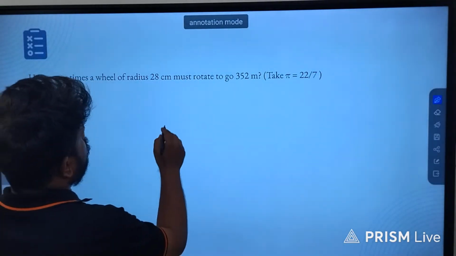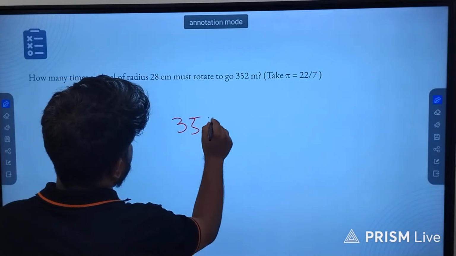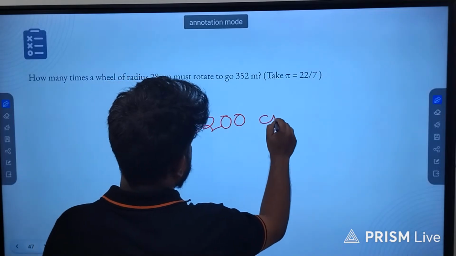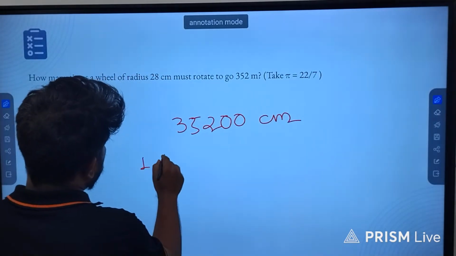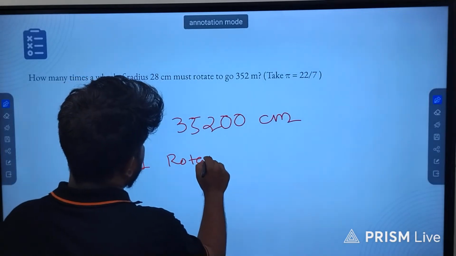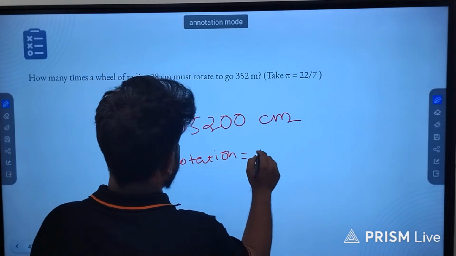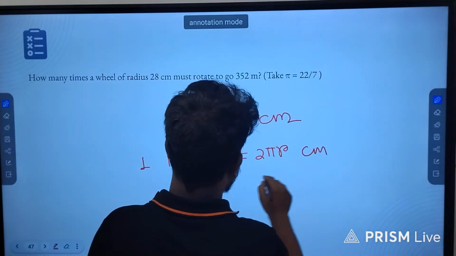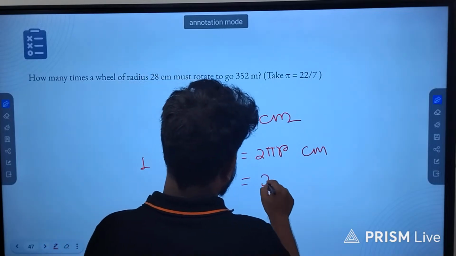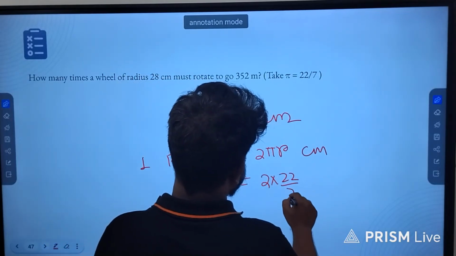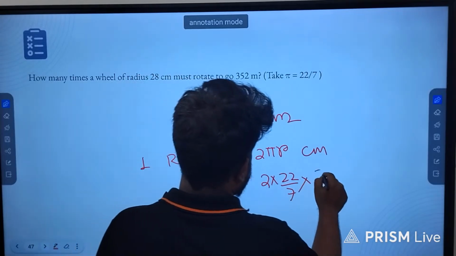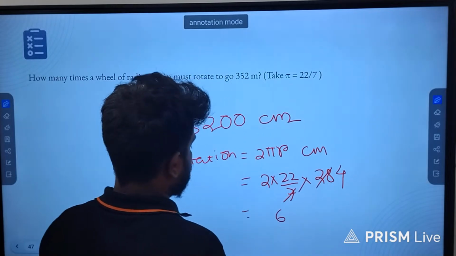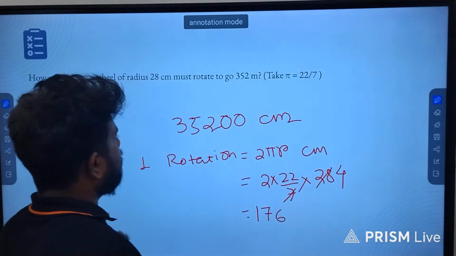First, 252 meter means this much centimeter, and for one rotation that wheel is going 2 pi r centimeter, and for this case it will be 2 into 22 by 7 into 28, that is 176.